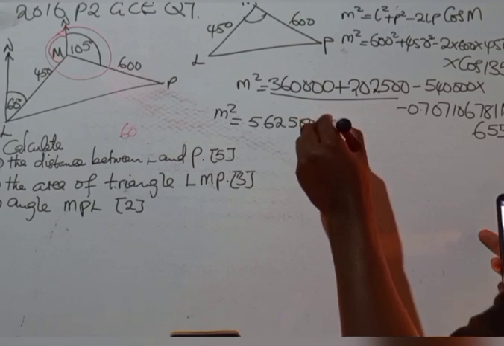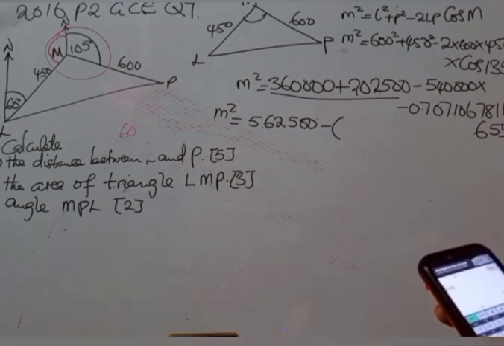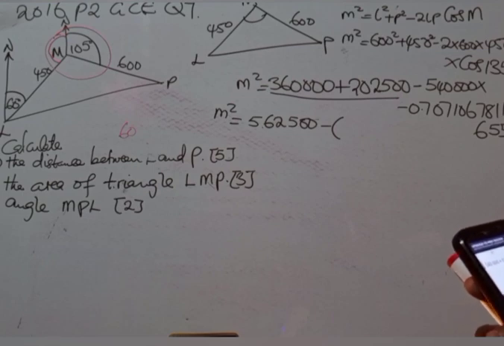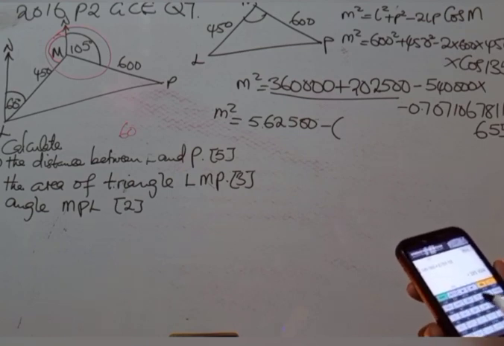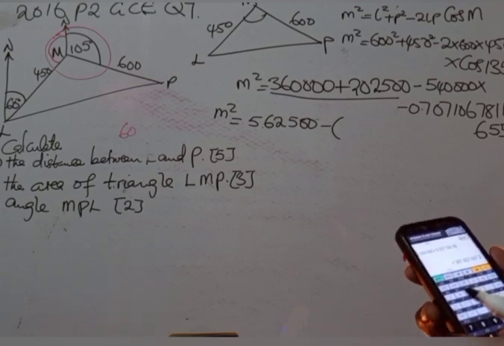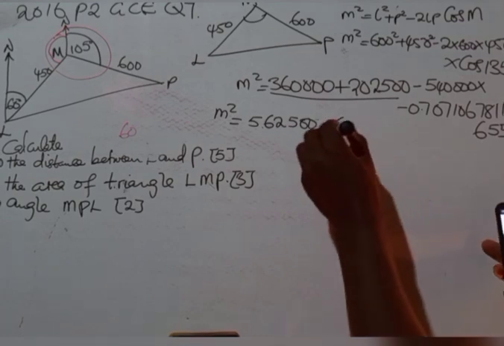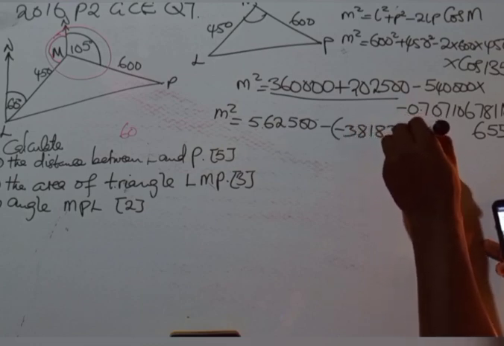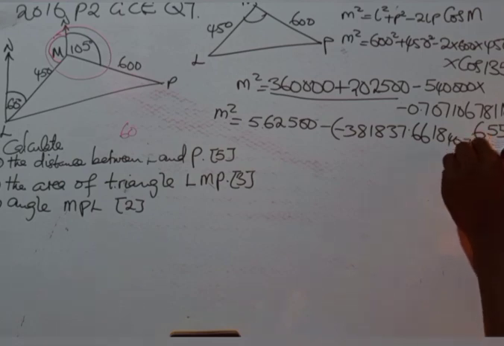Then minus, we open bracket, we multiply that, 540,000 multiplied by negative 0.7071, and that is the answer, negative 381,837.